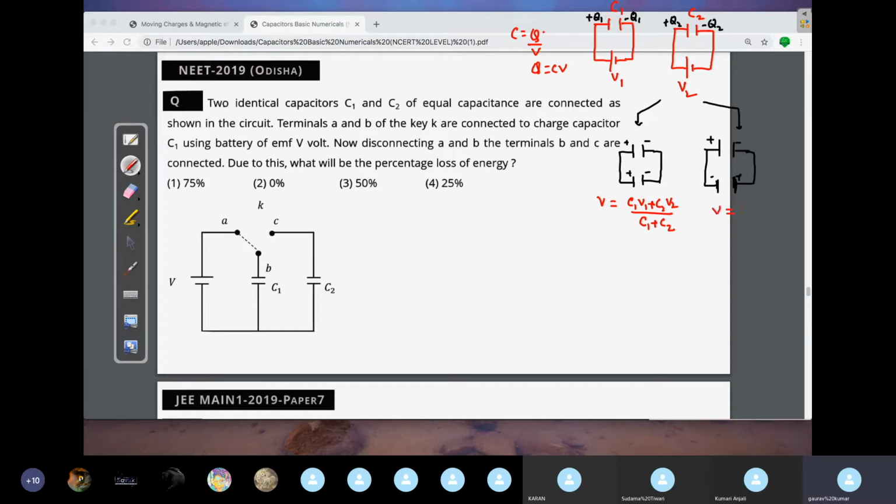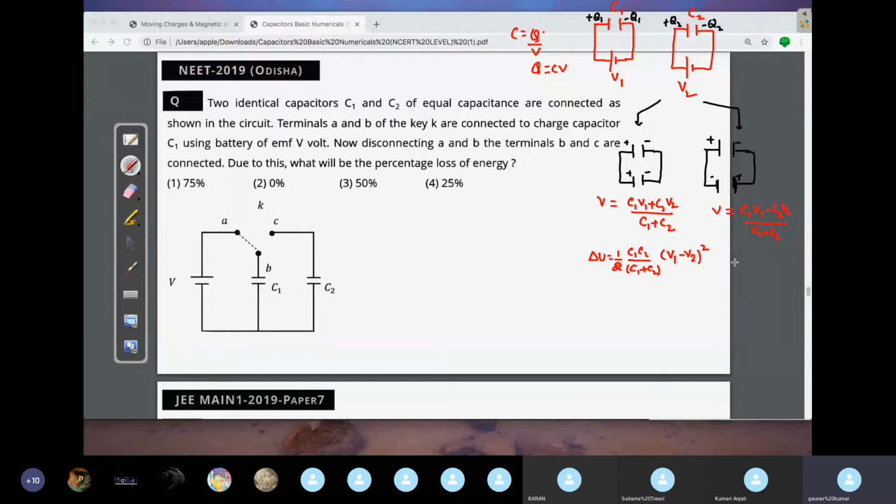And here the common potential comes out to be C1 V1 minus C2 V2 upon C1 plus C2. This is the common potential. In this case, the loss of energy delta U, what is the formula for delta U we have got? We have got half times C1 into C2 upon C1 plus C2, into V1 minus V2, the whole square.